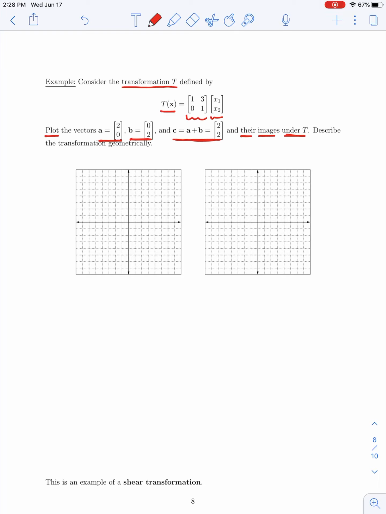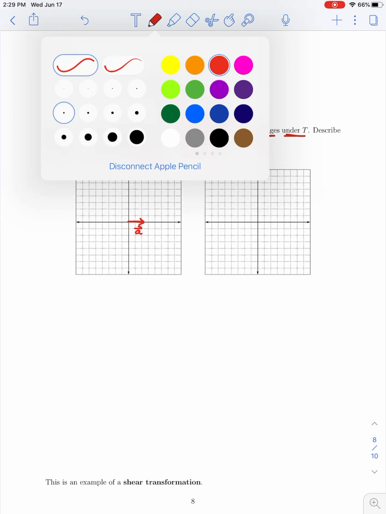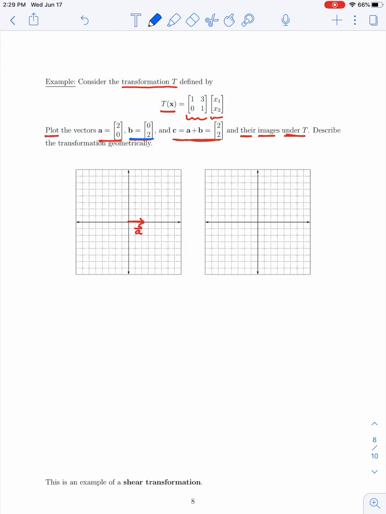So let's start by plotting these vectors themselves. We have the first vector, A, which was (2, 0). From the origin, we move 2 units to the right, 0 units upward or downward. We have a vector B, which was (0, 2), so moving from the origin to the point (0, 2).